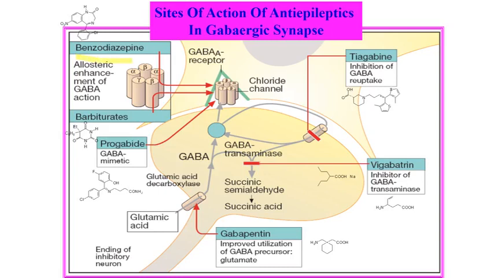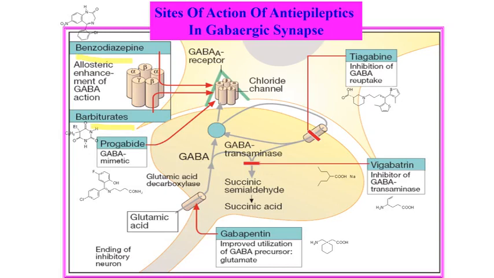Benzodiazepines and barbiturates we have already discussed. They are acting on potentiating the GABA effect on the GABA receptor. That's why they are affecting chloride channels. We can find other derivatives that are directly affecting chloride channels, such as progabide, which is a GABA mimetic agent.